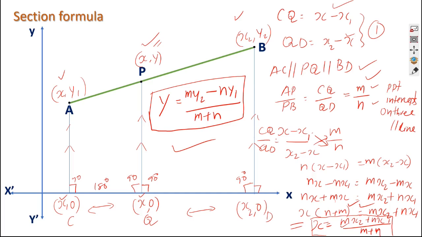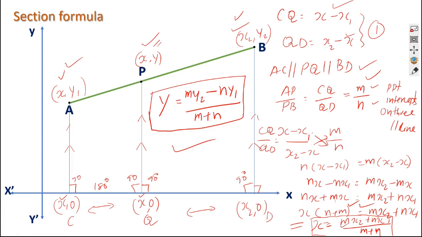Is the formula right? How can I say that the formula is right? For that I should do some sums and apply the formula. We will do that immediately, no problem. But the section formula will help you find exactly the coordinates of point P if you know the coordinates of A and B. Now you know many important things.